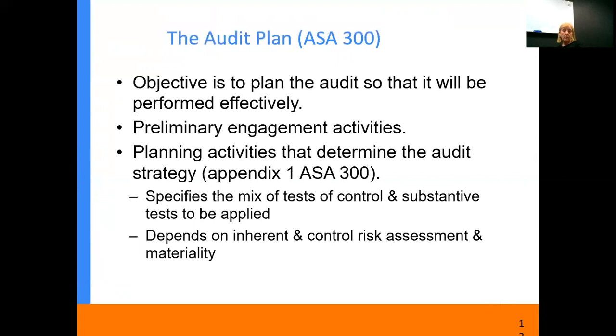The extent that we're going to rely on controls or substantive tests will depend on our assessment of inherent risk and control risk, and on our assessment of materiality, what level we set as materiality. So this is going back over everything that we've been covering this trimester.